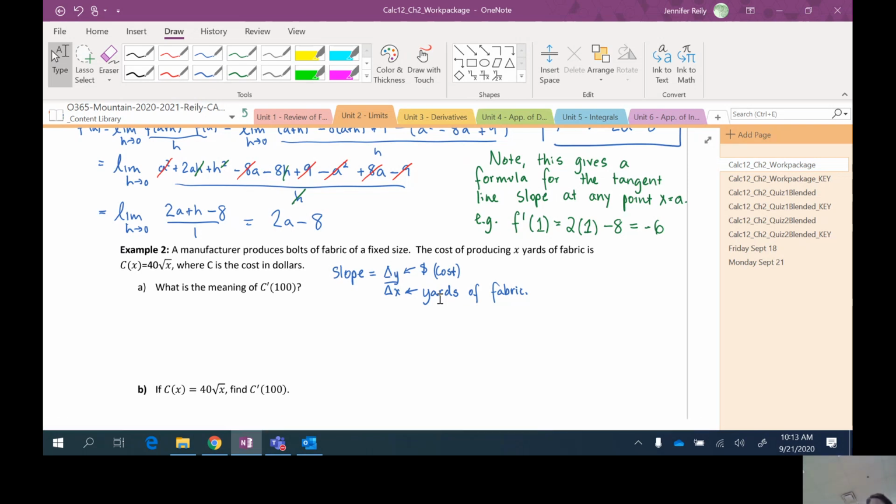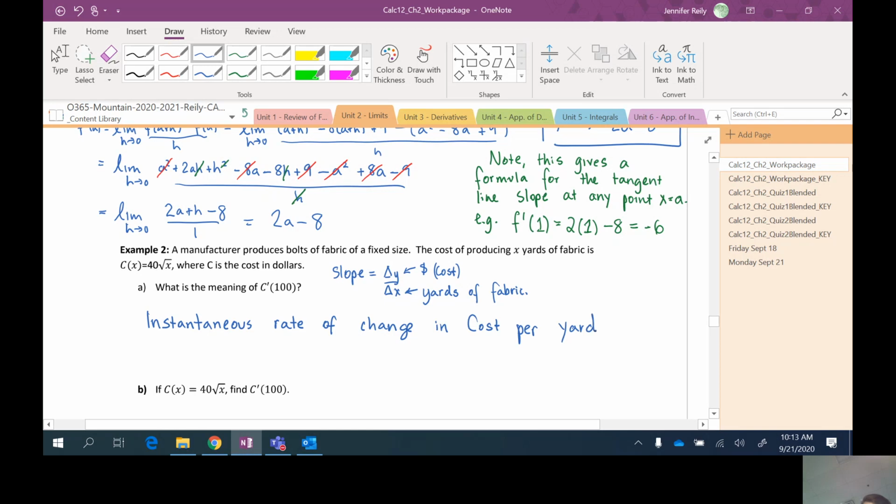Okay, so I'm going to write that out. C prime of 100 would be the instantaneous rate of change in cost per yard of fabric when 100 yards are currently being produced.